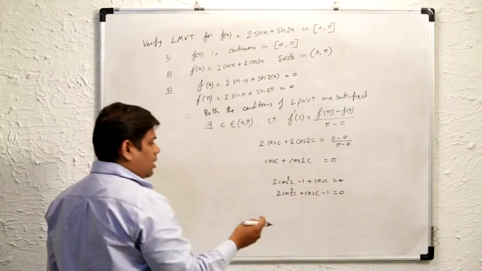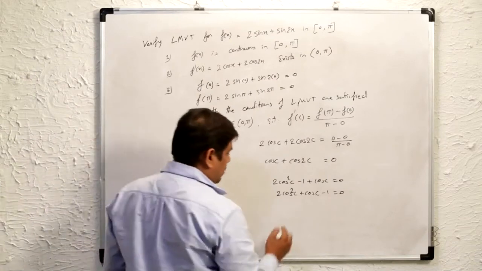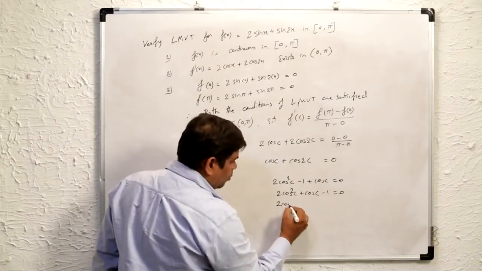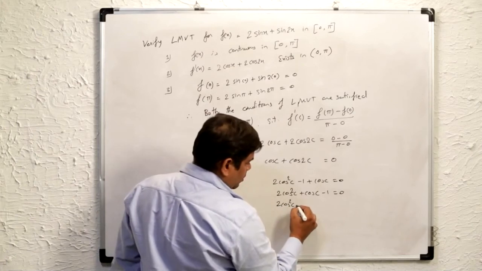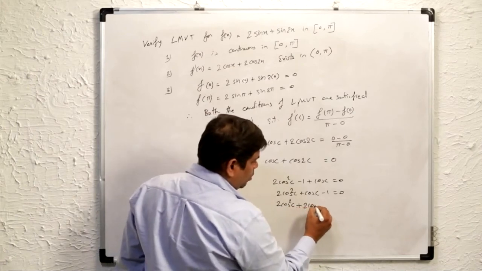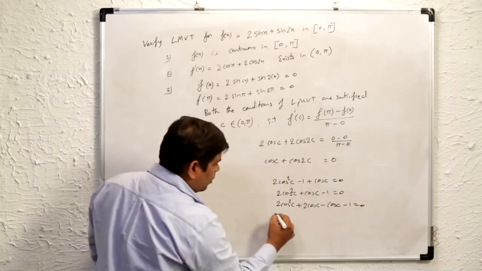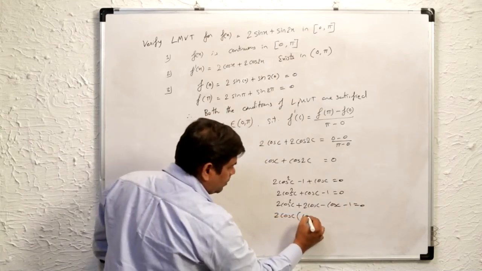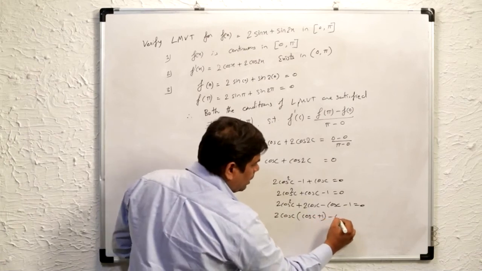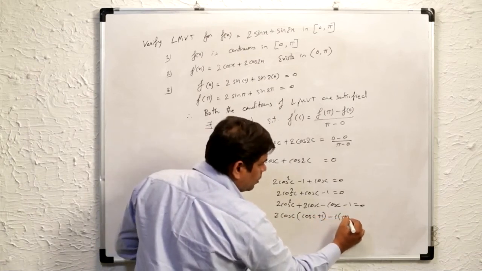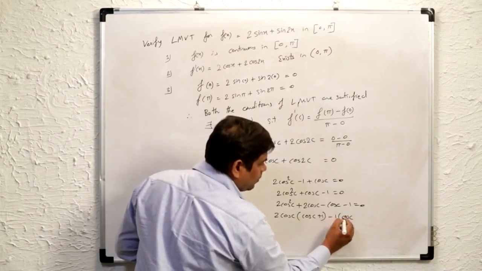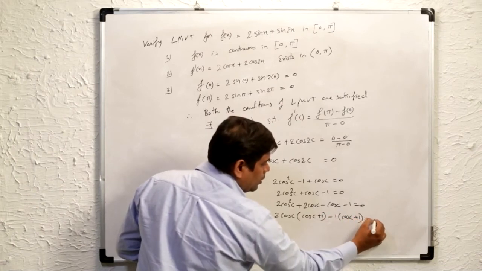This is a quadratic equation in cos C. You are going to solve that as 2 cos square C plus 2 cos C minus cos C minus 1 equal to 0. 2 cos C common, cos C plus 1, minus 1 common, cos C plus 1 equal to 0.